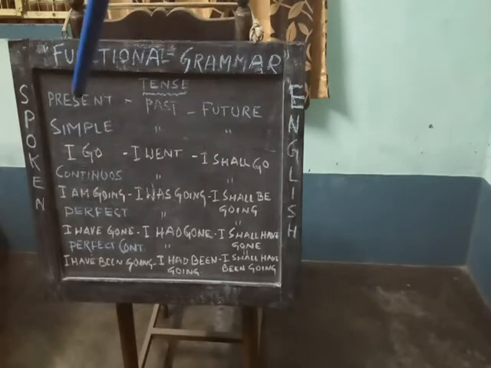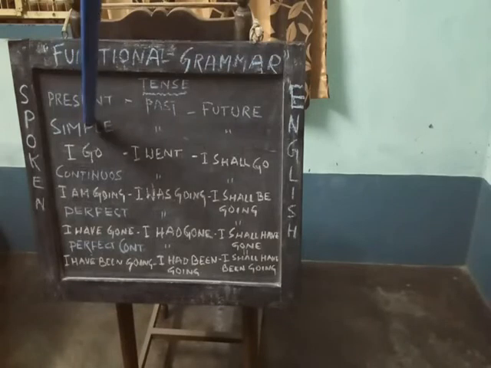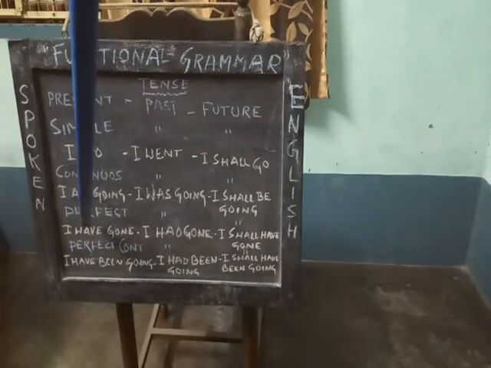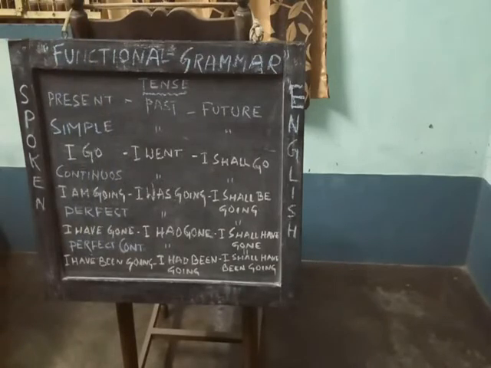In present tense you will find simple or indefinite. Some say simple, some say indefinite. So present simple or present indefinite, present continuous, present perfect, and present perfect continuous. These 4 divisions are constant for every tense.